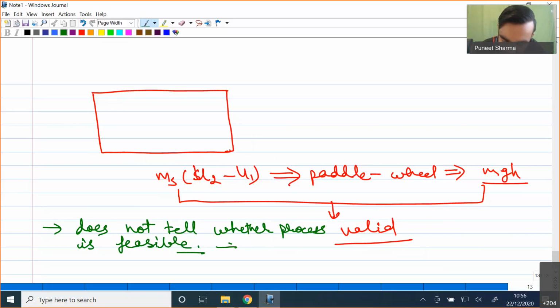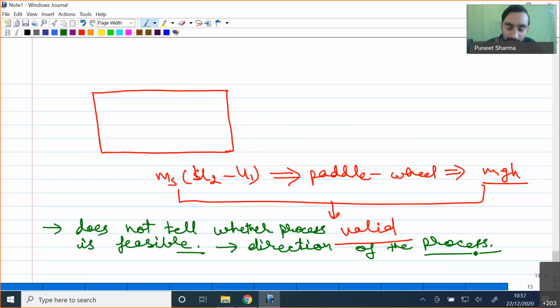So it also does not give us information about the direction of the process. In what direction our process should happen, that information also we cannot get from the first law of thermodynamics.